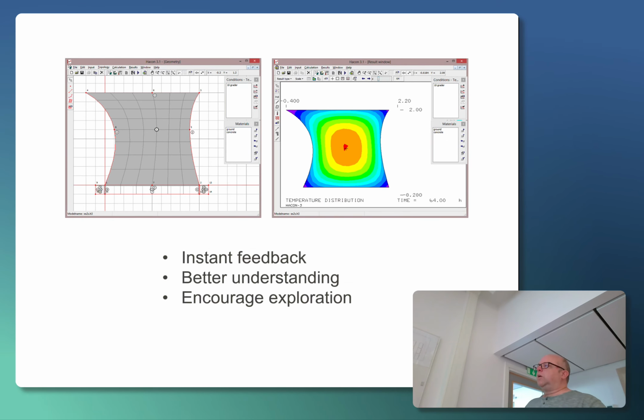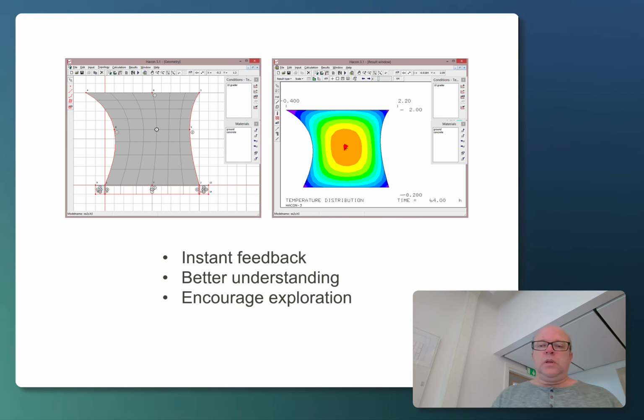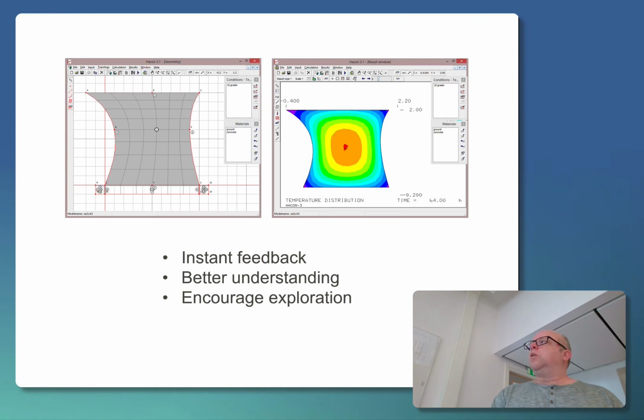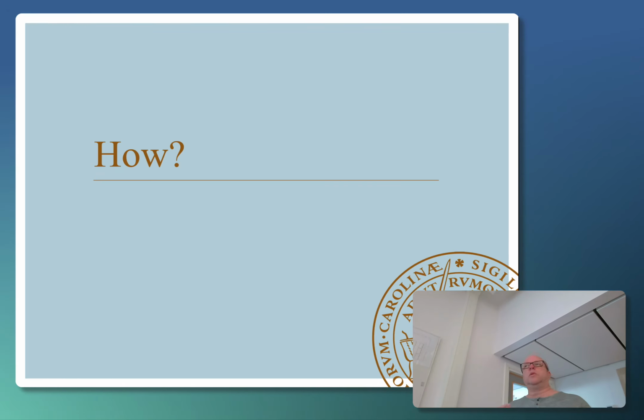You have instant feedback and better understanding. You can also encourage exploration. You can do things like, what if I change this here, what happens on the right side? What happens in the results? Of course, you need to change the way you build your applications a bit.